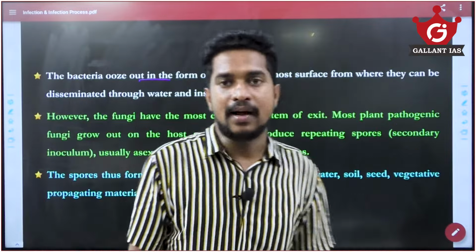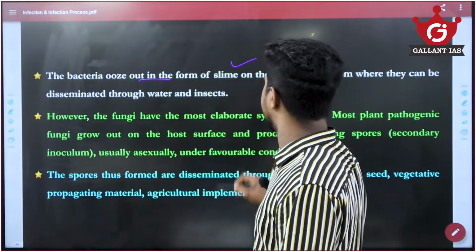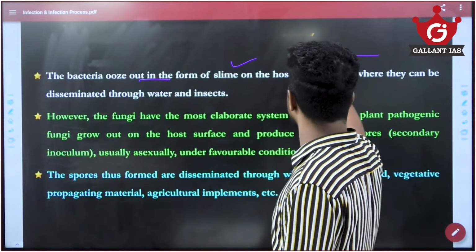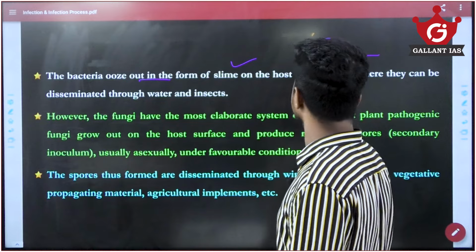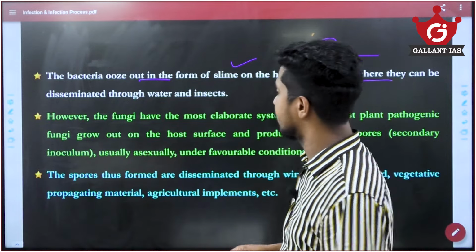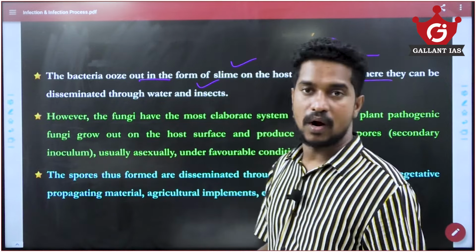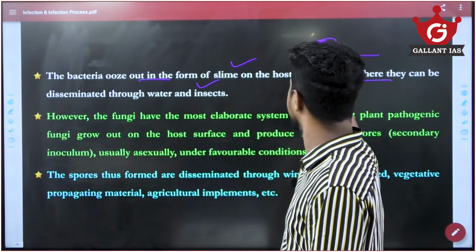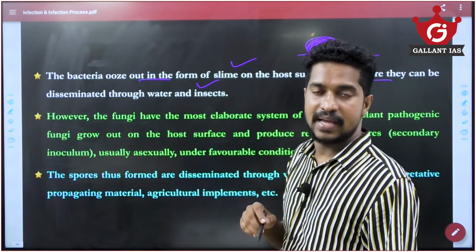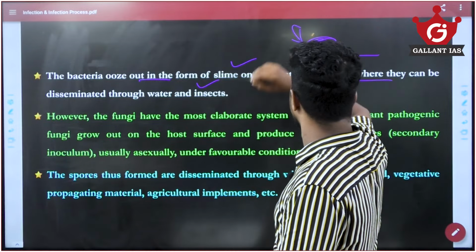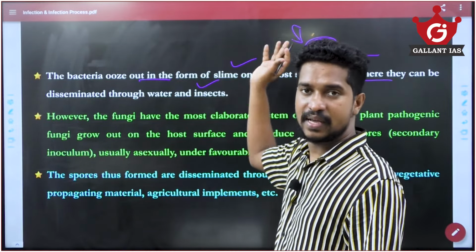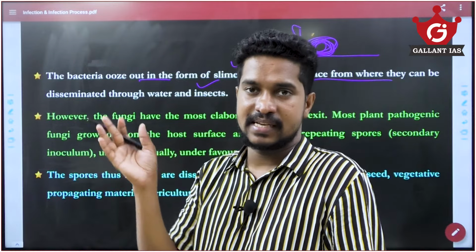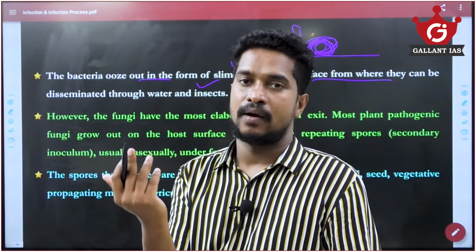In case of bacteria, the bacteria ooze out in the form of slime on the host surface, from where they can be disseminated through water and insects. After successful invasion and colonization, they may exit the host.